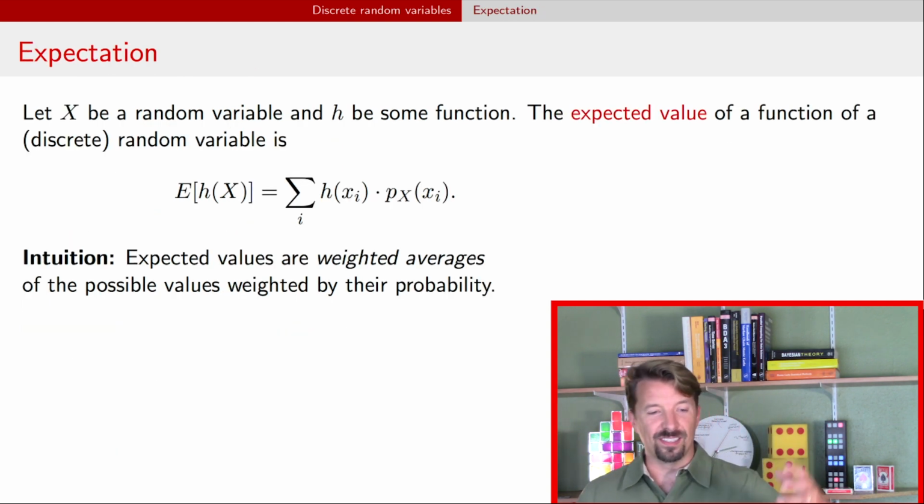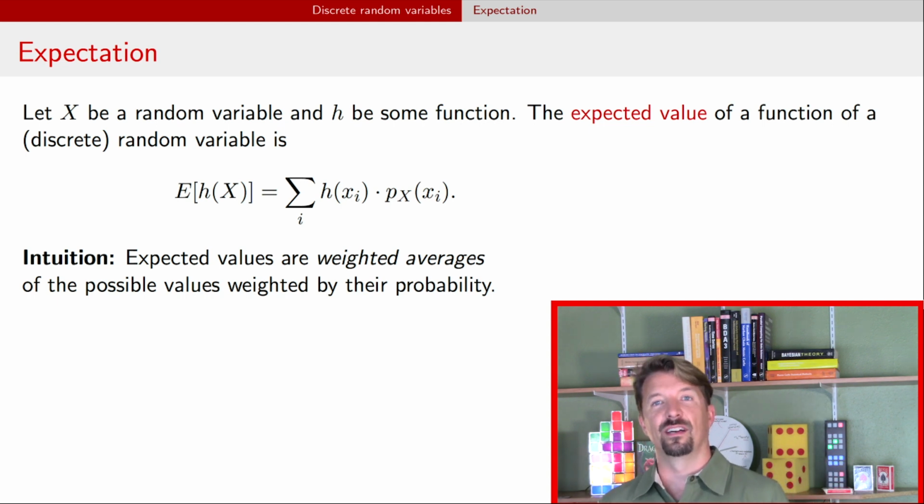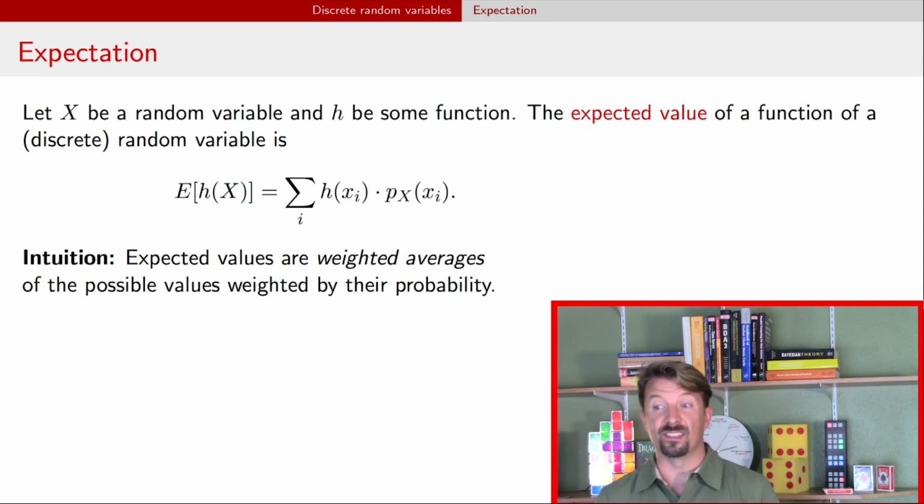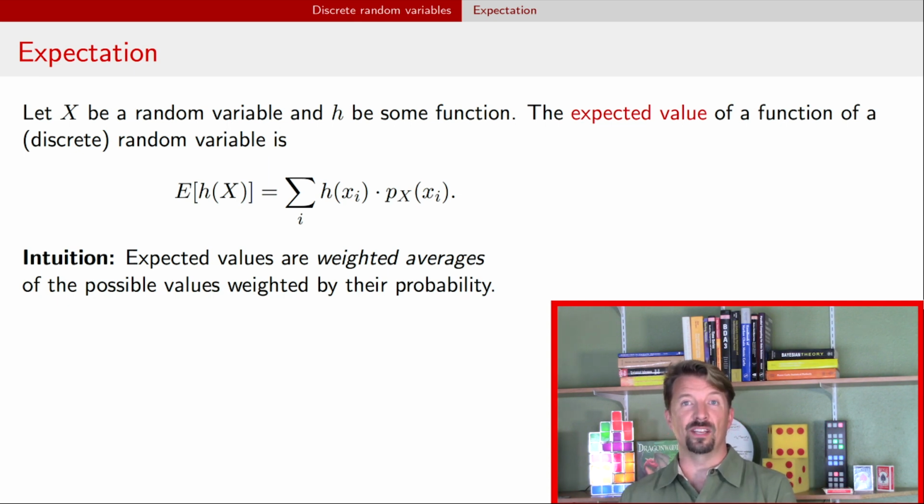Okay, so that brings us to the idea of an expectation of a random variable. The expectation of some function h of the random variable, for a discrete random variable, is just the sum, over each of the possible values in the support of x, of h(x) times the probability that x takes on that particular value.